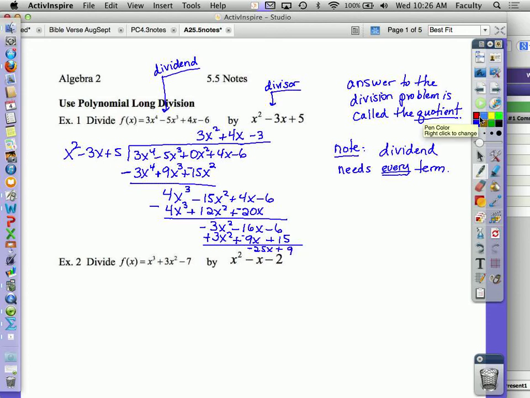Now, I need to show you how you write your final answer. The quotient is 3x squared plus 4x minus 3, and then you add the remainder over the divisor. So if you remember our example on the sideboard that was 20 divided by 3, remember we got 6 and 2/3?